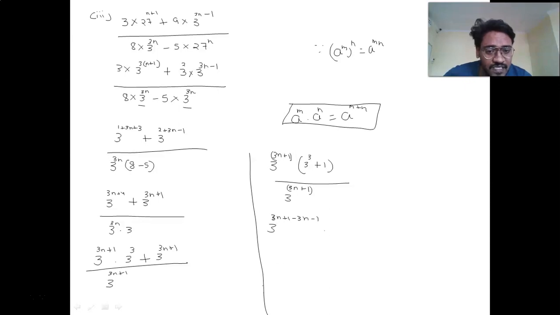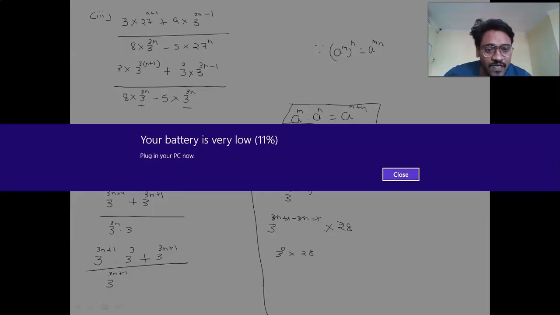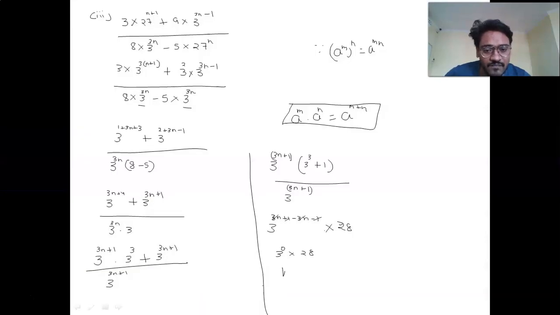Okay, and 3 to the power 3 is 27 and 27 plus 1, it's going to be 28. Now you can observe 3n cancel, 1 minus 1 cancel, it's going to be 3 to the power 0 into 28, so it's going to be 1 into 28, so your answer is going to be 28. So the answer of this question is actually going to be 28. I hope this question is clear to all.